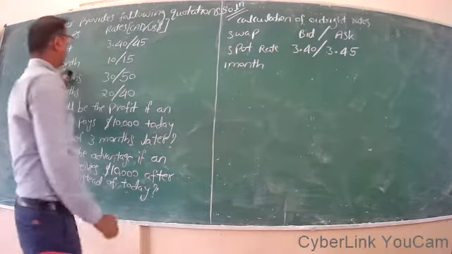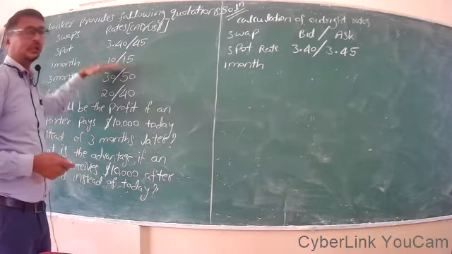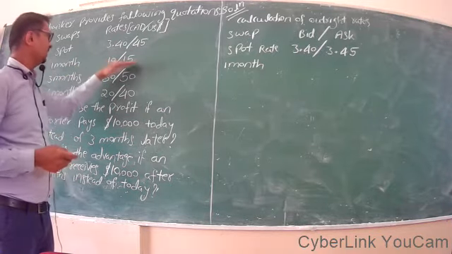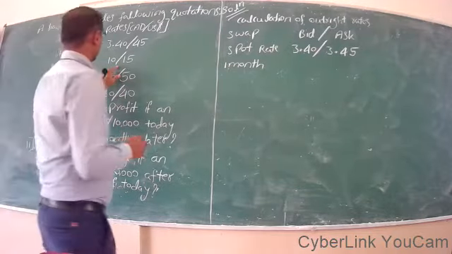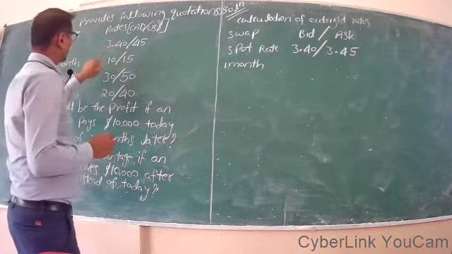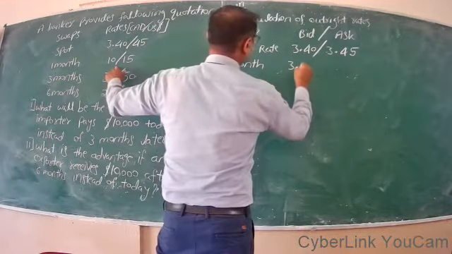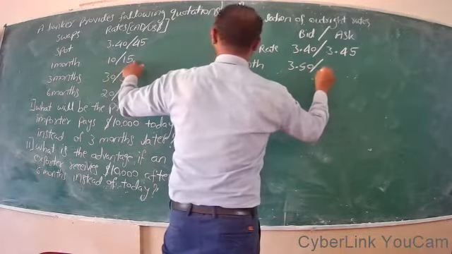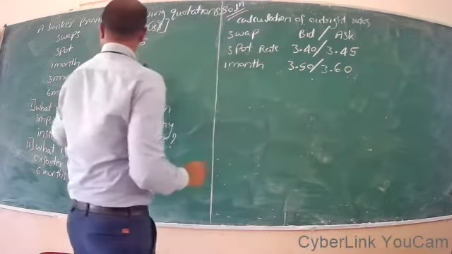Then the 1 month swap point is given. Whether to add or deduct? So 10 oblique 15, from left to right it is in increasing order. You have to add it to the spot rate, so spot rate 3.40 plus 10, 3.50 oblique 3.60 is the 1 month outright rate.